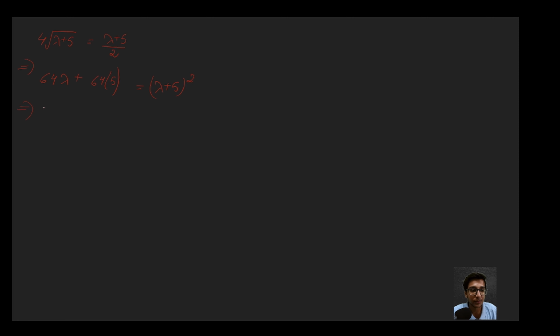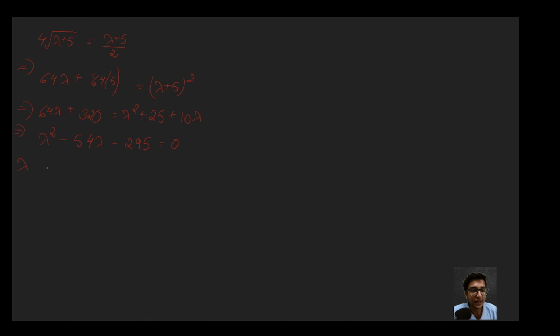So let us solve it further. 64 lambda plus 320 is equal to lambda square plus 25 plus 10 lambda. Taking all these terms to one side, we get lambda square minus 54 lambda minus 295 equals 0.